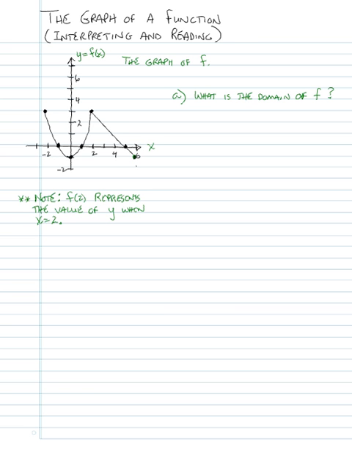So this graph isn't continuing up or down. We're looking at the entire graph. And so to determine the domain, we need to look to the very left of the graph and the very right of the graph. The very left of the graph will tell us the smallest x. Remember what the domain is: x values. That's what we've got to worry about. What x values are used to create this graph, are being utilized in the graph.